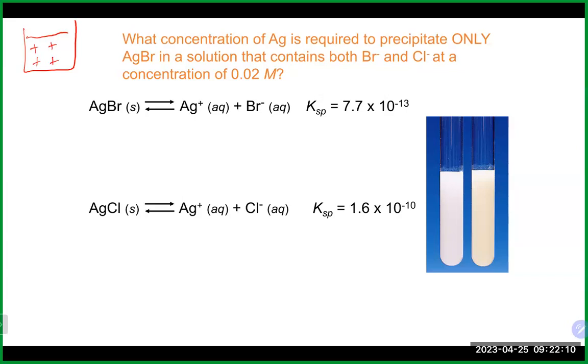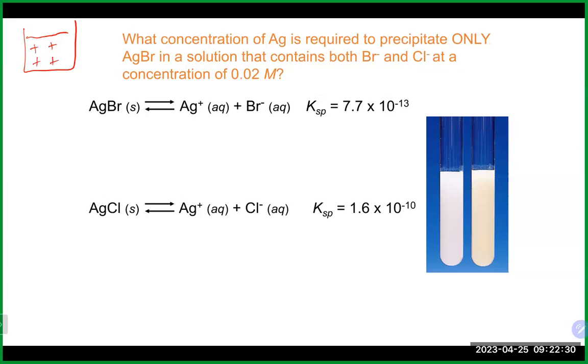The goal of these experiments is to selectively precipitate out one ion out of the solution as a solid, while leaving everybody else still floating around in the solution. Now, why would you want to selectively precipitate out one ion versus another?